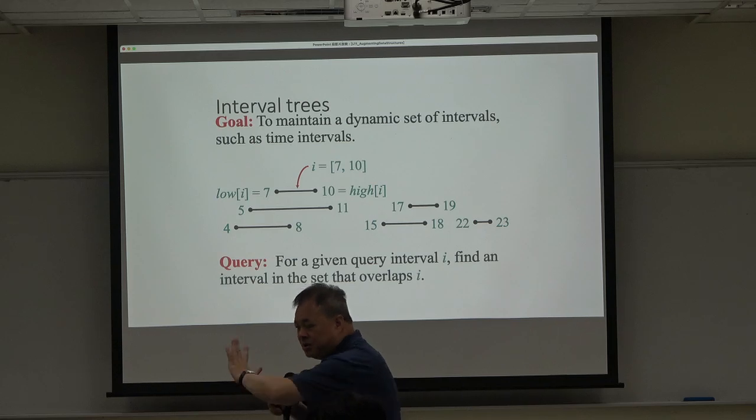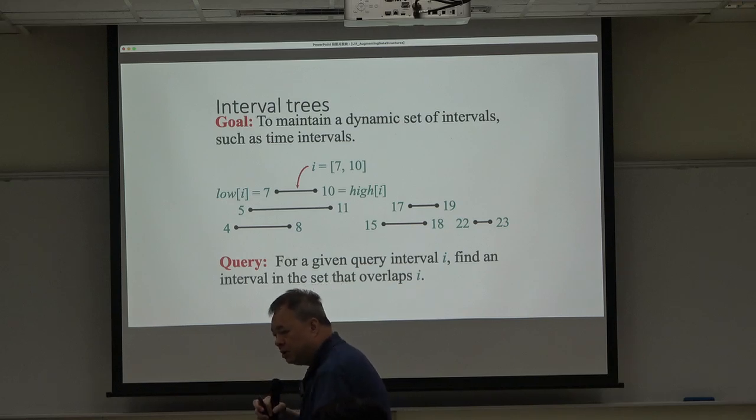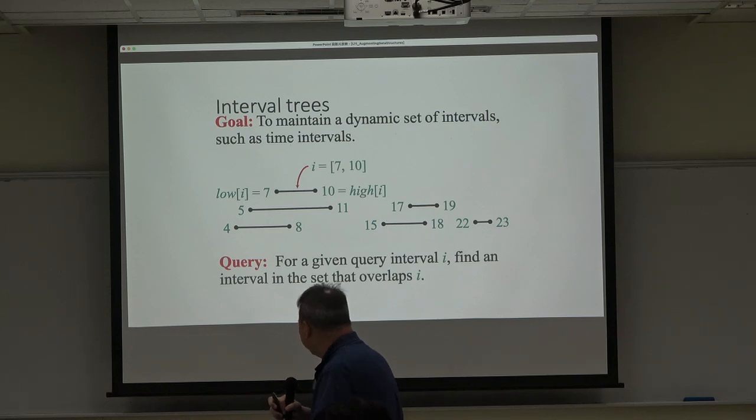Let's talk about the simple version first, and then we'll talk about the more complicated version. So we want to only find one. But finding one is also important.